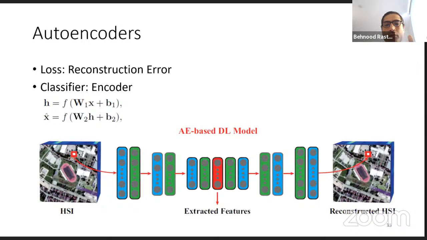Therefore, the loss function is always based on a reconstruction error. We want to minimize the error between the reconstructed image and the input image.